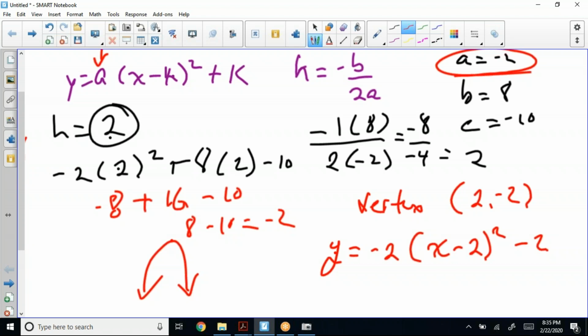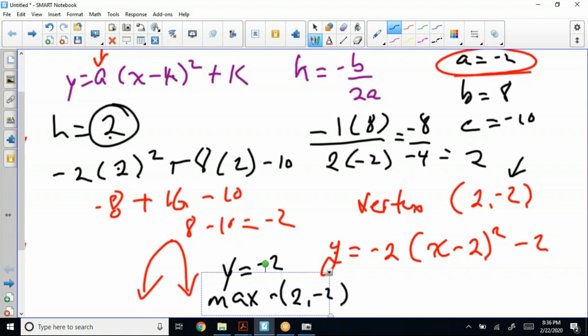And if you remember, you have really two options for that. You have y equals negative 2, which is the y value or the k there, or if it said max and actually gave you ordered pairs, then you would put 2 comma negative 2.